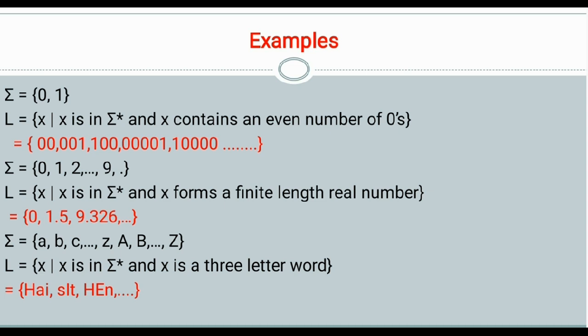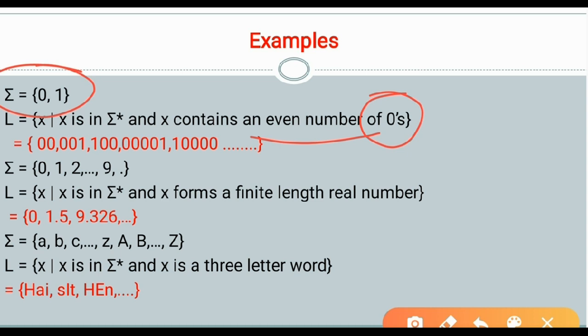So this is the string. You have the alphabets zeros and ones. The first: L equals {x | x is in sigma star, and x contains an even number of zeros}. Here the condition is only for the zeros, that there should be an even number of zeros.